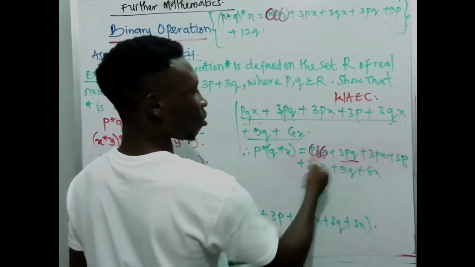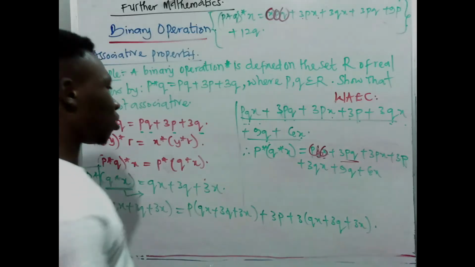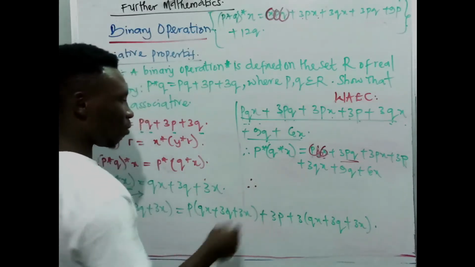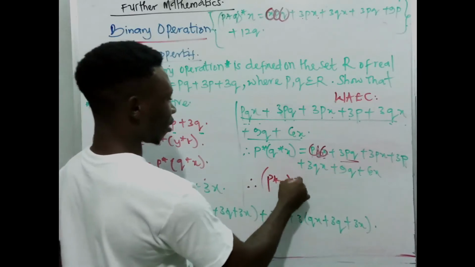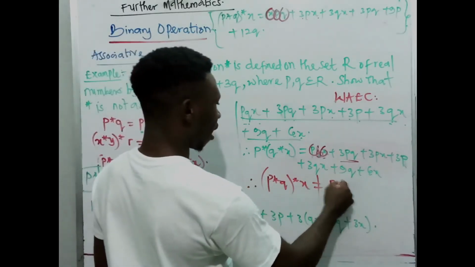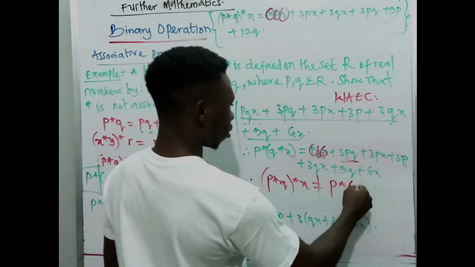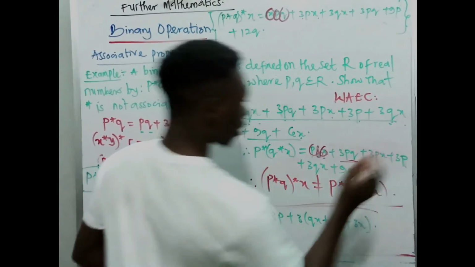This is having PQ. Now they are not equal. They are not what? Associative. So therefore, P asterisk Q in bracket asterisk S is not equal to P asterisk Q asterisk X, and that is your final answer.